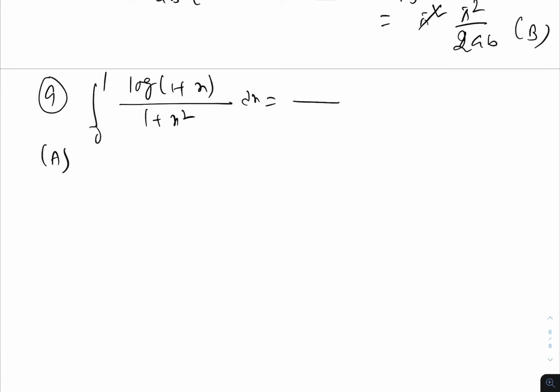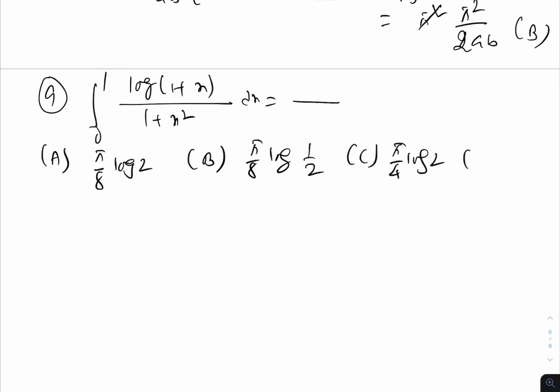Options are pi by 8 log 2, pi by 8 log 1 by 2, pi by 4 log 2, and 1 by 2.